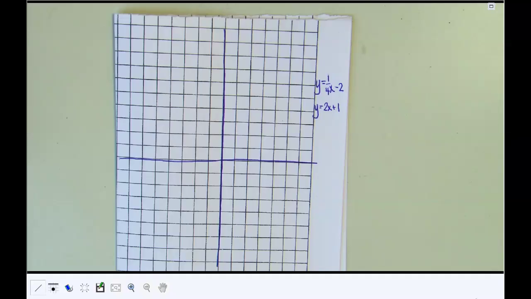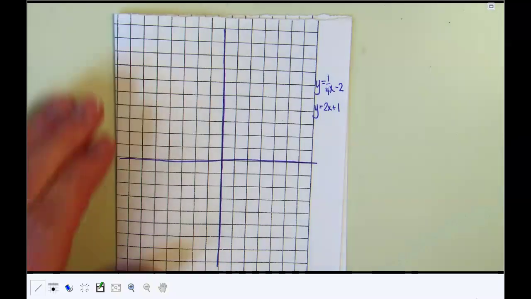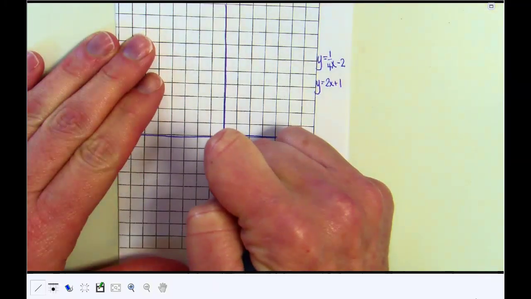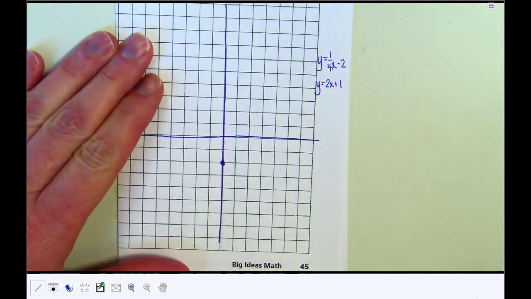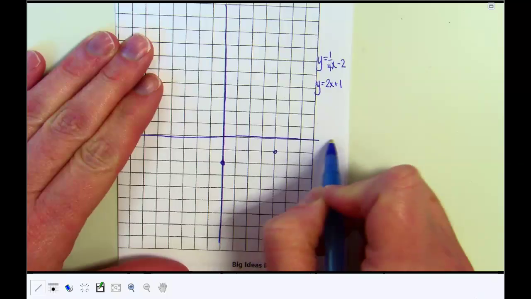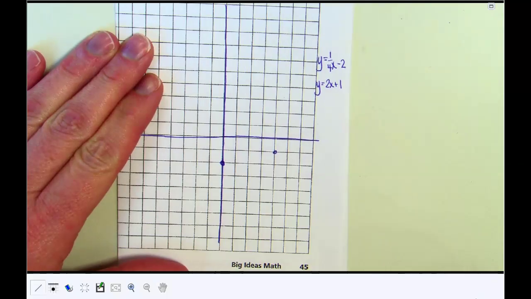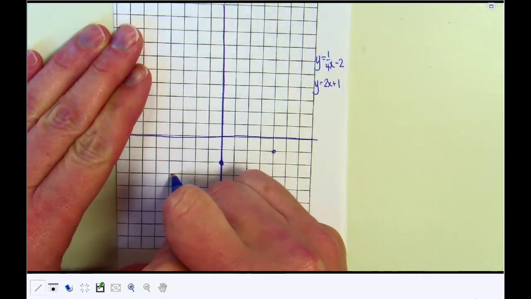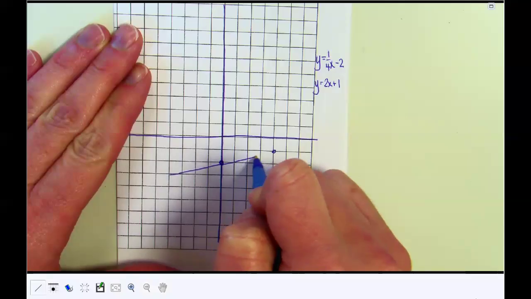Okay. On that first line, what's the y-intercept? -2. Okay. What does the slope tell us to do? Up 1, right 4. You can't really go further to the right, so you just kind of deal with it. Okay, so here's our line.